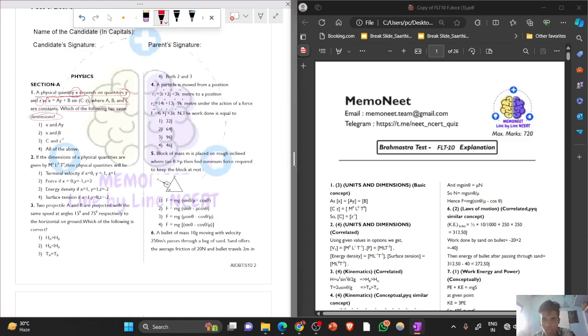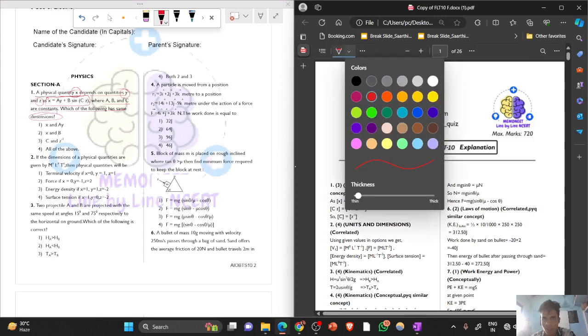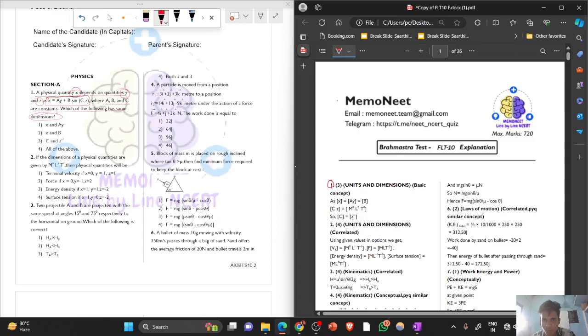Okay, now as you can see in the solution, you have X is equal to AY plus B sine CZ. You know that the dimension of X should be equal to the dimension of AY and should be equal to the dimension of B. The quantity inside the sine, theta, is a dimensionless quantity.